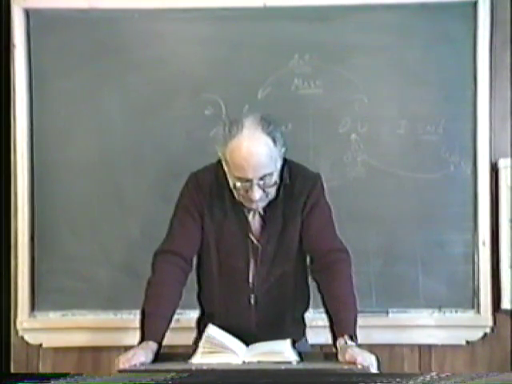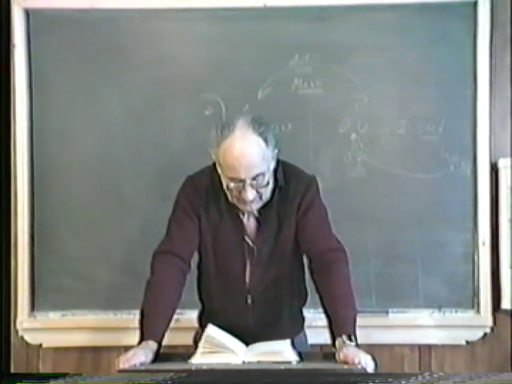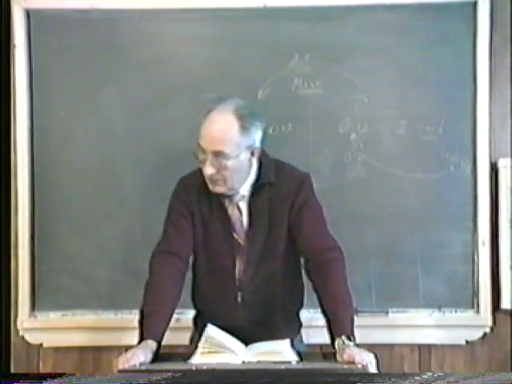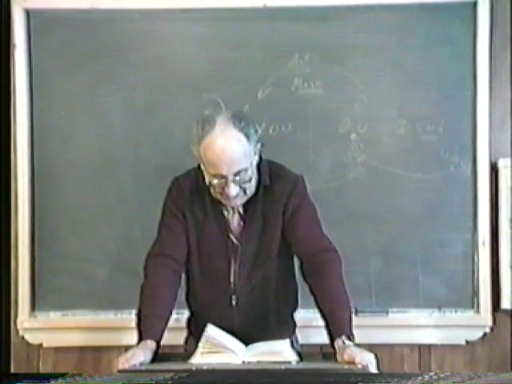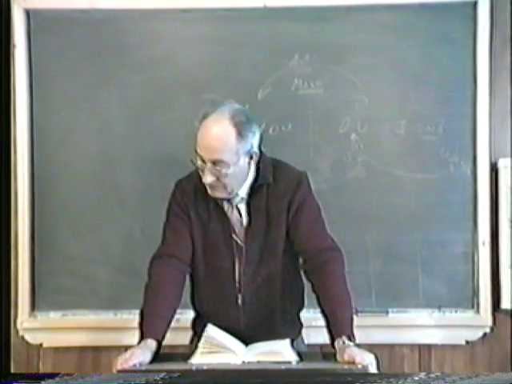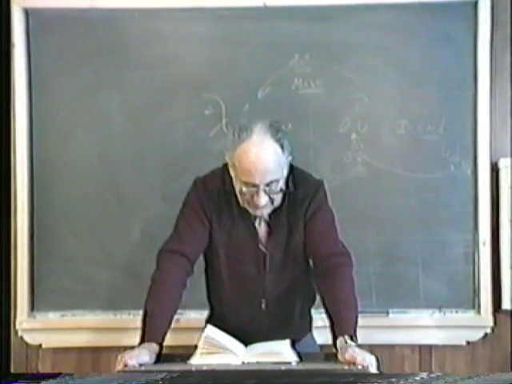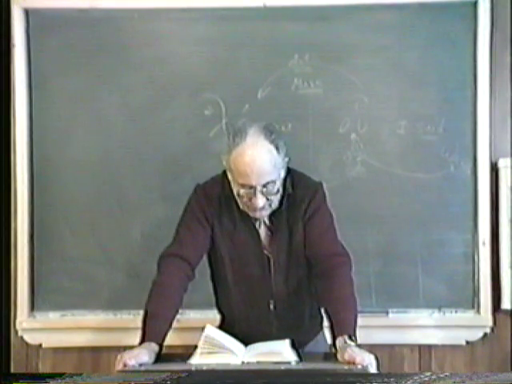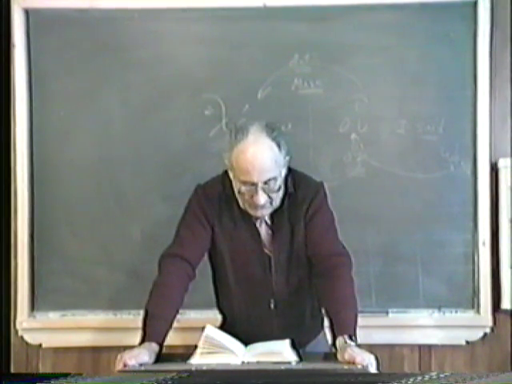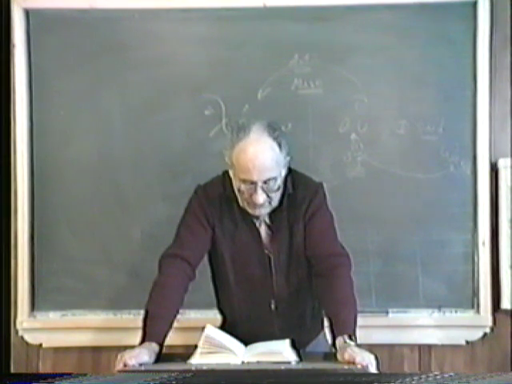Well, he says what? Not knowing the words, what he says. All right, the next one here. He who receives me receives you. The one who receives me, he receives you.